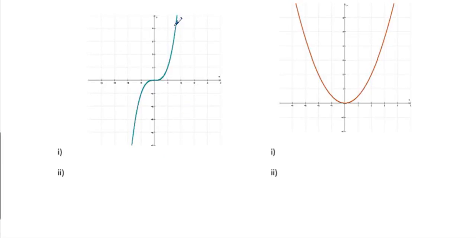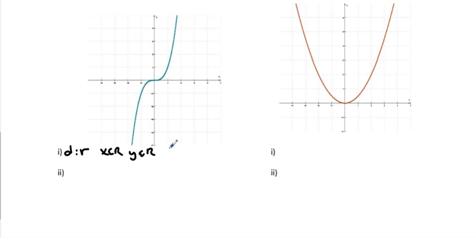If the graph goes to the end of the grid, then it's considered that it goes on forever, even though there are no arrows there, they're implied. So the domain for this one is x as an element of R, and the range is y as an element of R. That's in inequality notation.